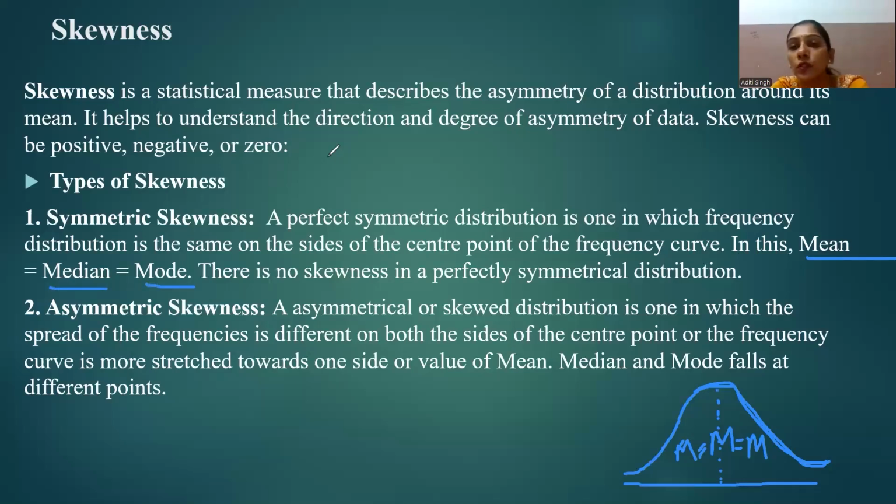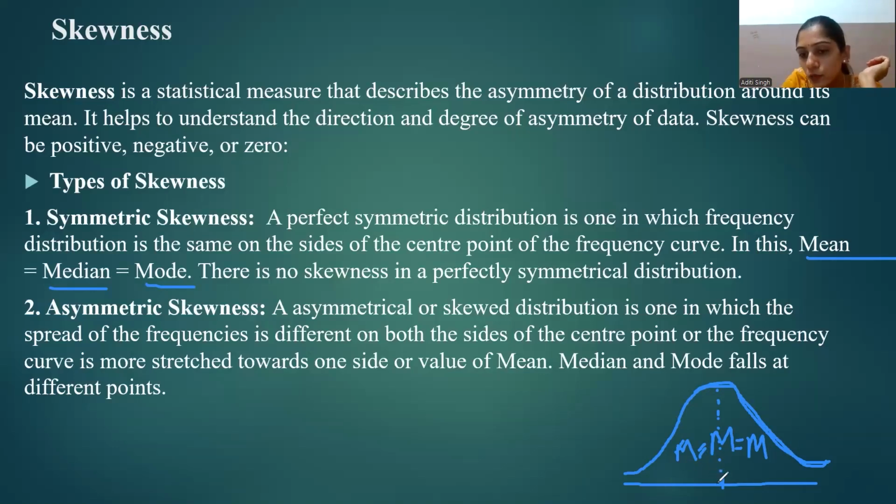So there is no skewness in a perfectly symmetric distribution. There is zero skewness, meaning the frequency curve is distributed equally on both sides. This is the center point where mean is equal to median and is equal to mode.